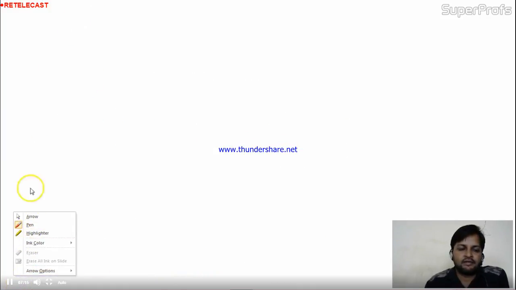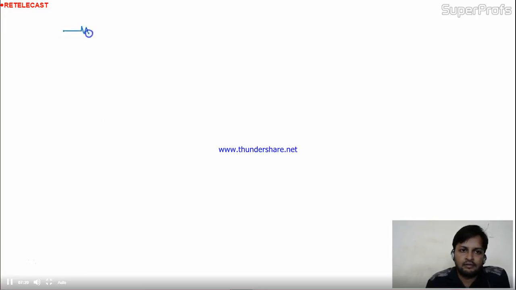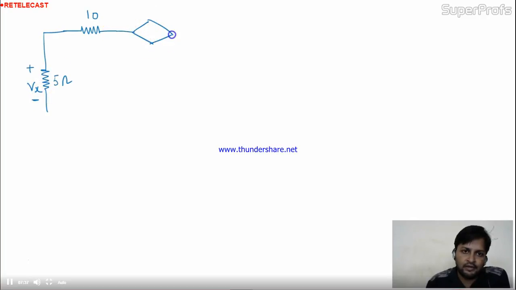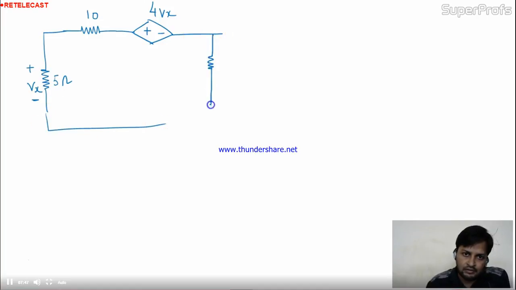Come over the circuit, and the circuit is given here: 5 ohm, across which we are having Vx, and a dependent source plus minus 4Vx, and here we are having 15 ohm.